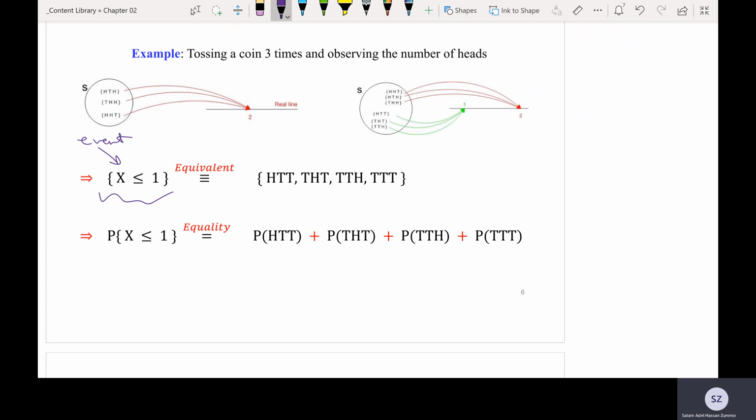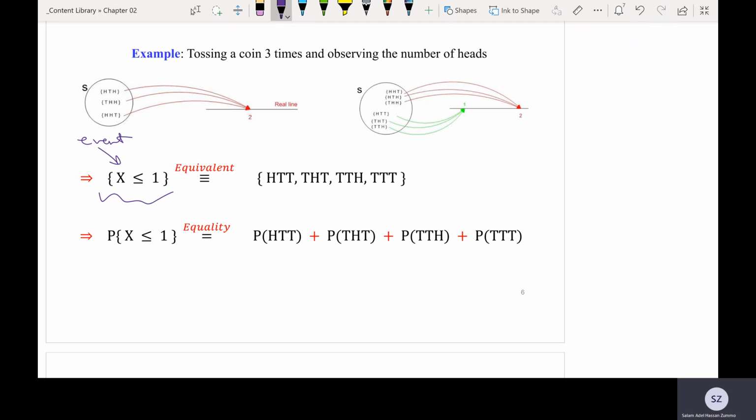But we did not define this event on the sample space. What is an event? It's a subset of the sample space. Right? Event A is a subset of the sample space. For example, event A of 2 heads happens when you have HHT, HTH, THH. Right? This is the event. These are the sample space elements that correspond to the event of 2 heads.